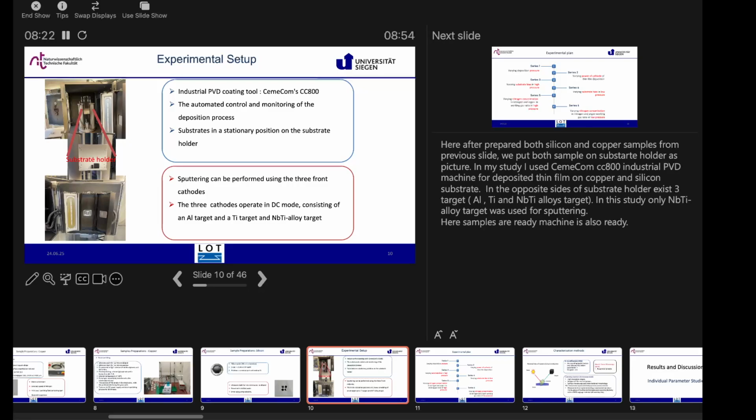On the opposite side of the substrate holder, we see the target. The targets mainly used in Chemicon are aluminum, titanium, and niobium titanium alloy. But in this study, we use only the niobium titanium alloy in DC mode for deposition.